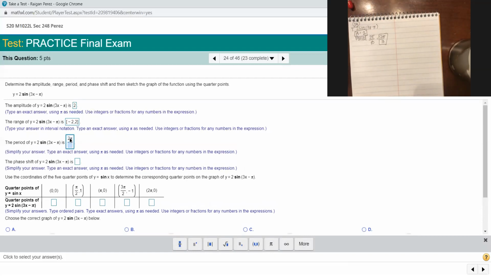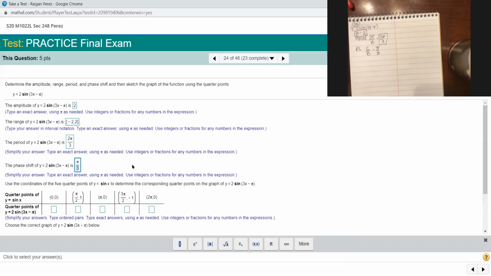And I don't have these notes with me, so I hope I'm remembering right. The phase shift is, so phase shift, is it C over B? B over C. This is right. So C, remember C is supposed to be negative. So this is actually a positive pi over 3. So our phase shift is pi over 3.